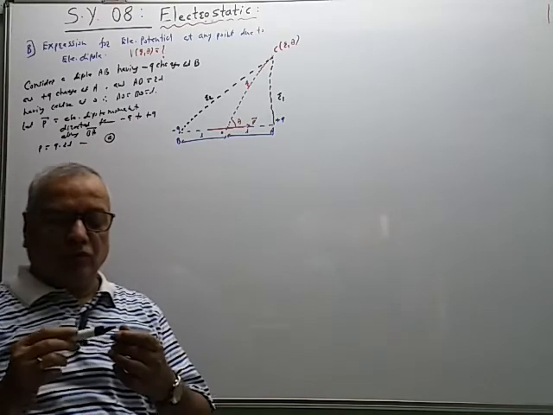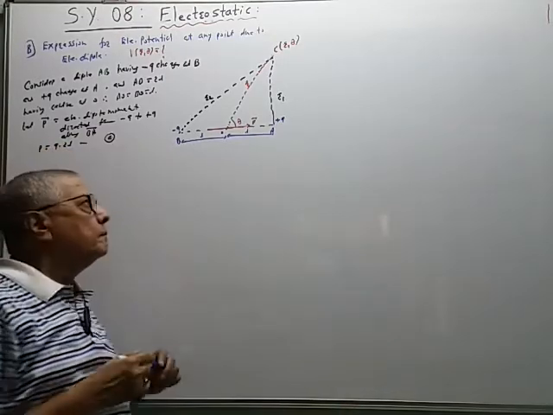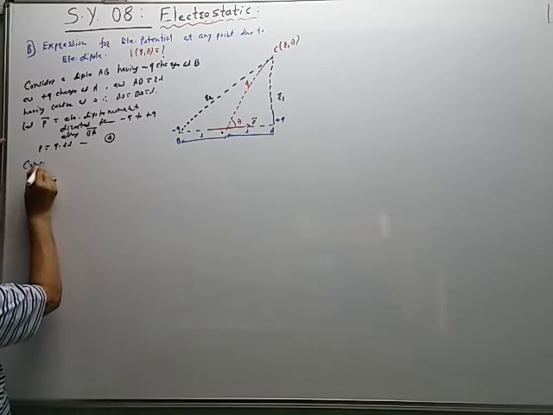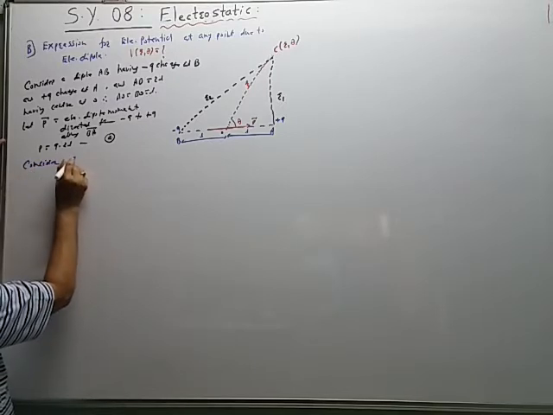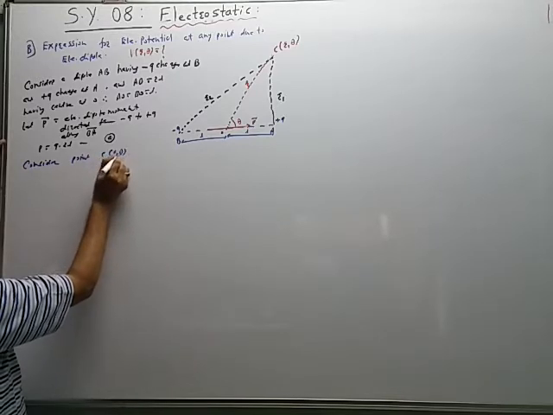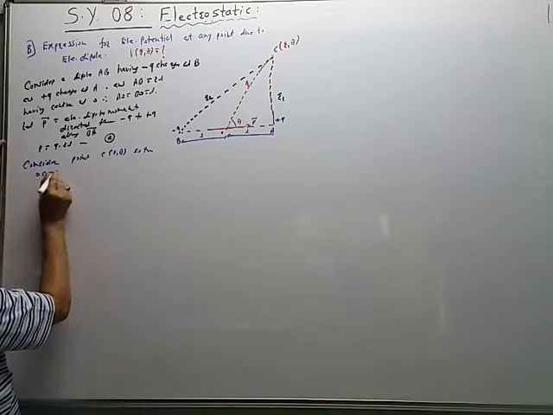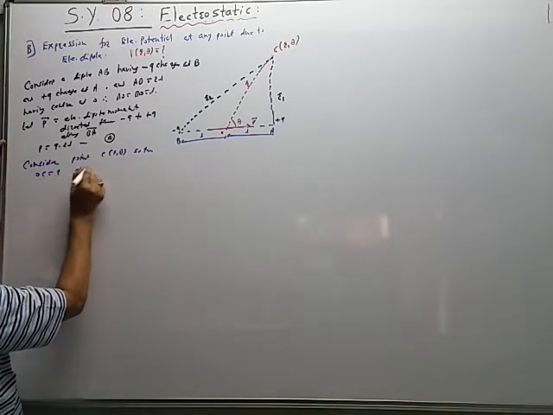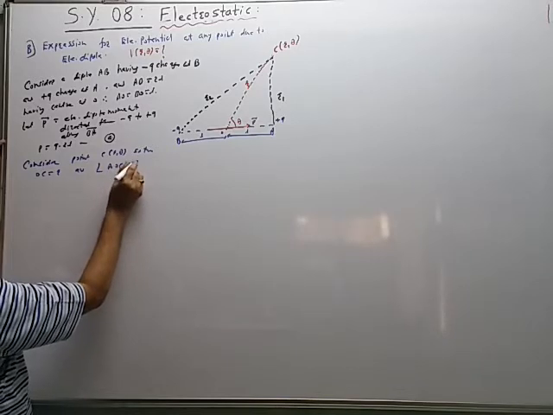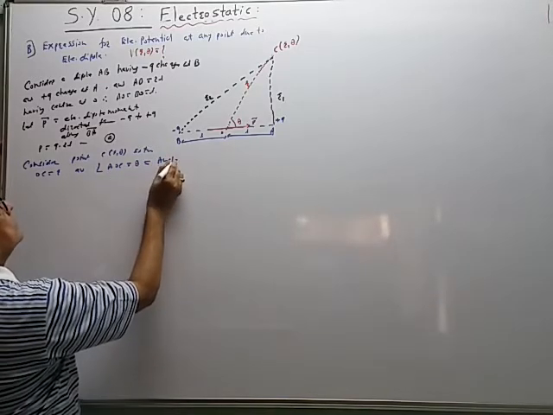Now we have to determine the potential at point C. Consider the point C r theta, so that OC is equal to r and angle AOC is equal to theta. It is the angle, the meaning of theta is important.